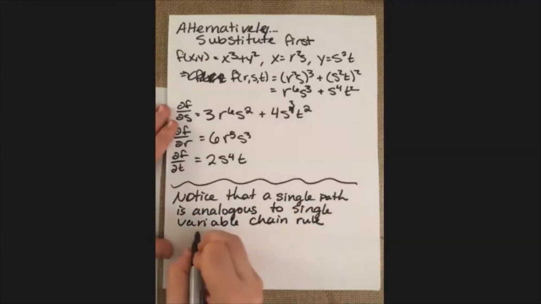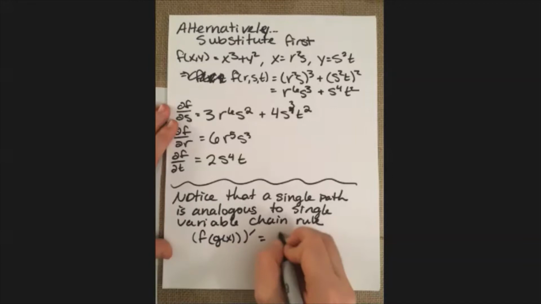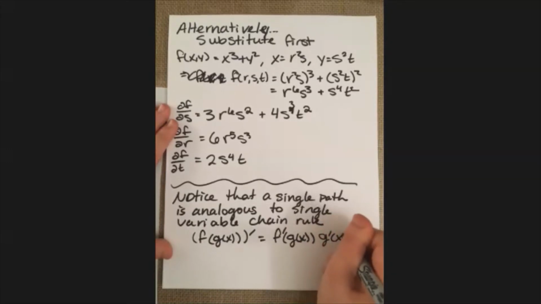Our single variable chain rule said that if we had f with another function plugged into it, and we wanted to take its derivative, then we take the derivative of that outside function with the inside function still plugged in, and then we take the derivative of the inside function, like so.